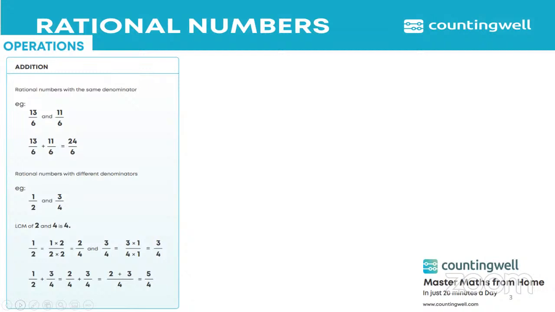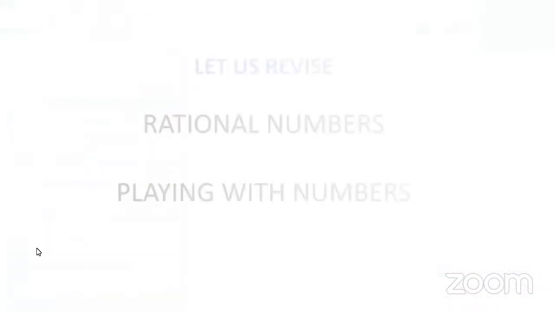Now let us see the operation addition on rational numbers: rational numbers with same denominator and rational numbers with different denominators. When we are taking the addition of two rational numbers having same denominator, we add the respective numerators.